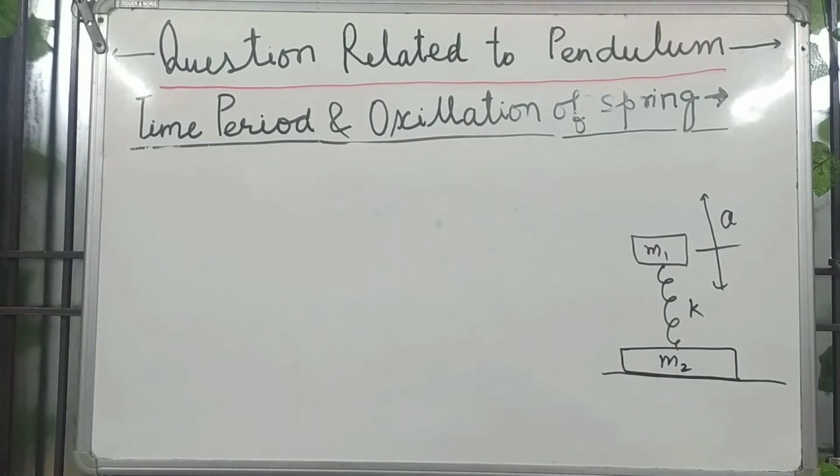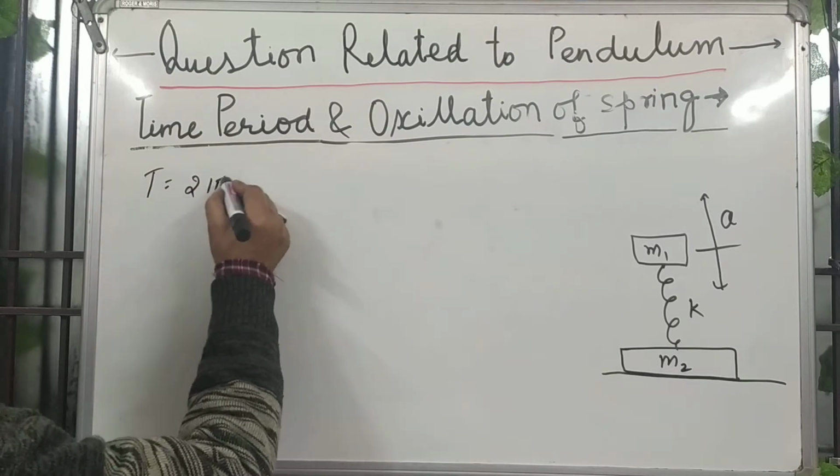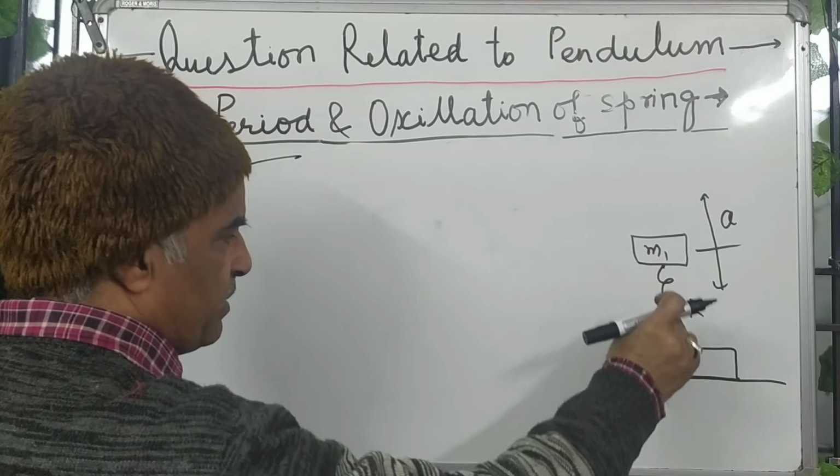In this case you are also to find the time period. So time period T equals 2 pi root m1 upon k, as this mass is oscillating.